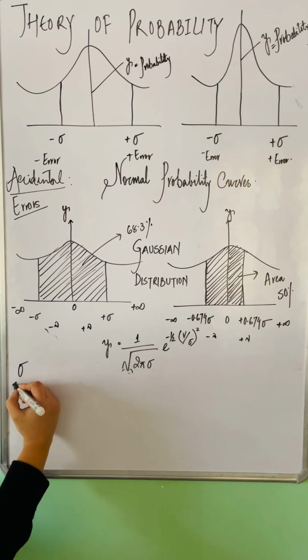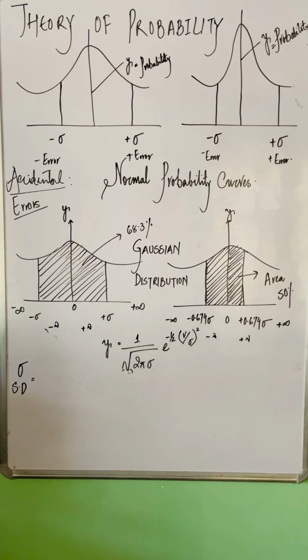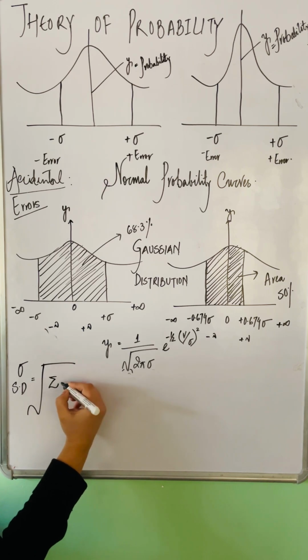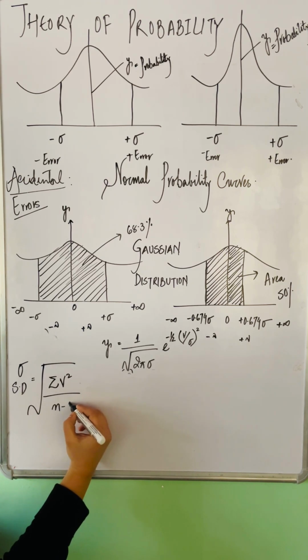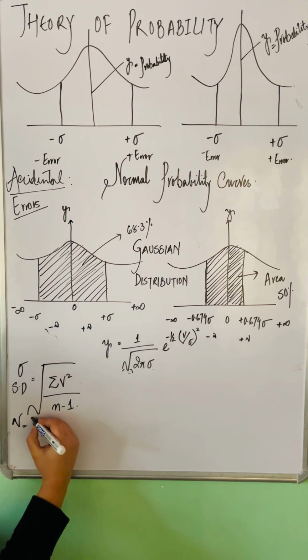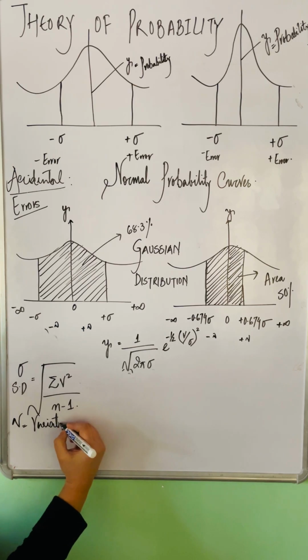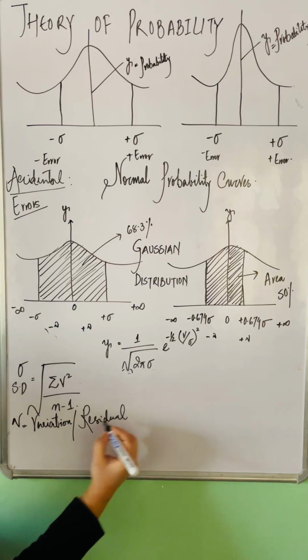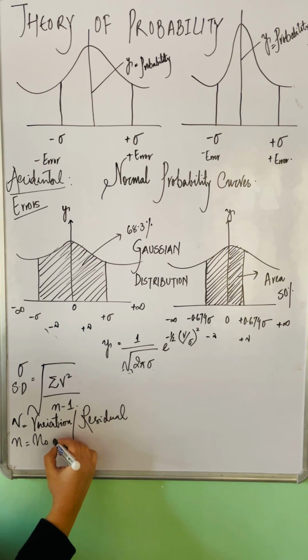Sigma is our standard deviation, and this can be expressed as the summation of v squared divided by n minus 1, where v is the residual, also known as variation, and n is the number of observations.